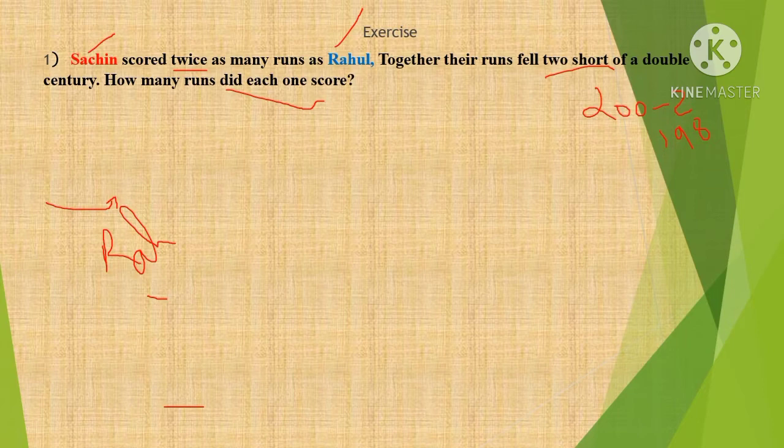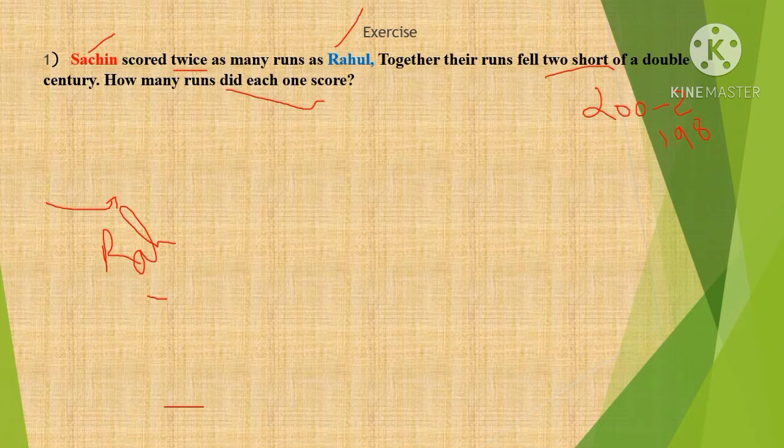Okay. Next one. Together their runs fell too short of a double century. So what is century? Century means 100. So double century means 200. So for 200 they are saying too short was less. For 200, to get 200 runs, too short was less. So what will be the answer? 200 minus 2.